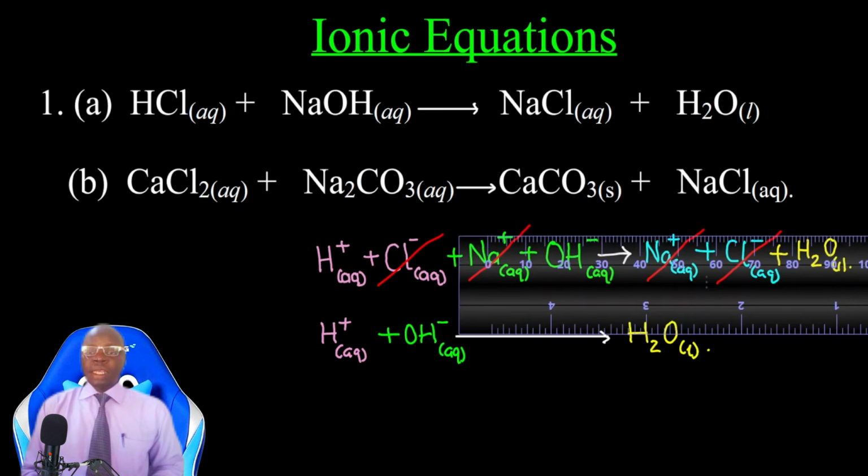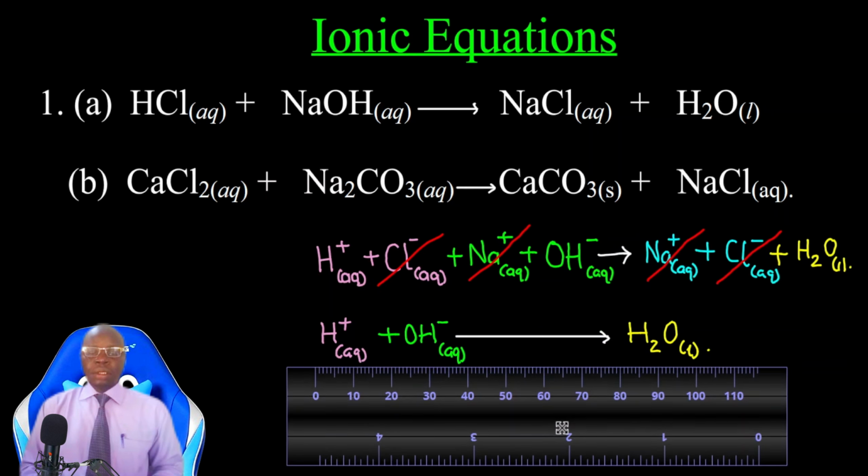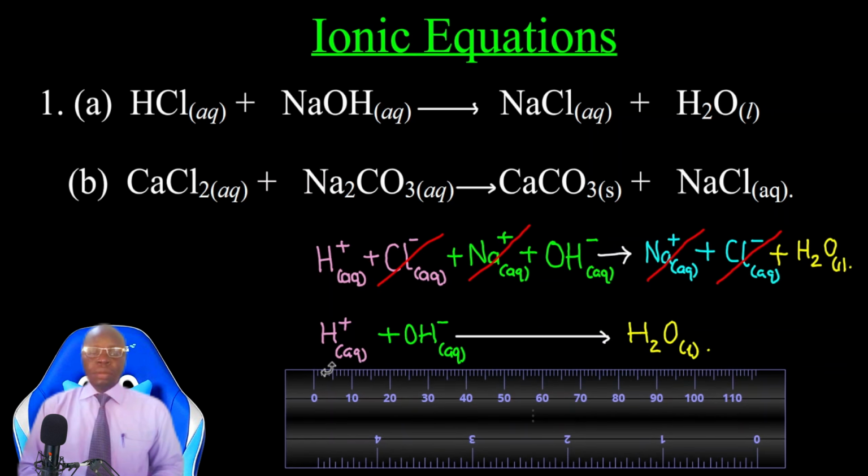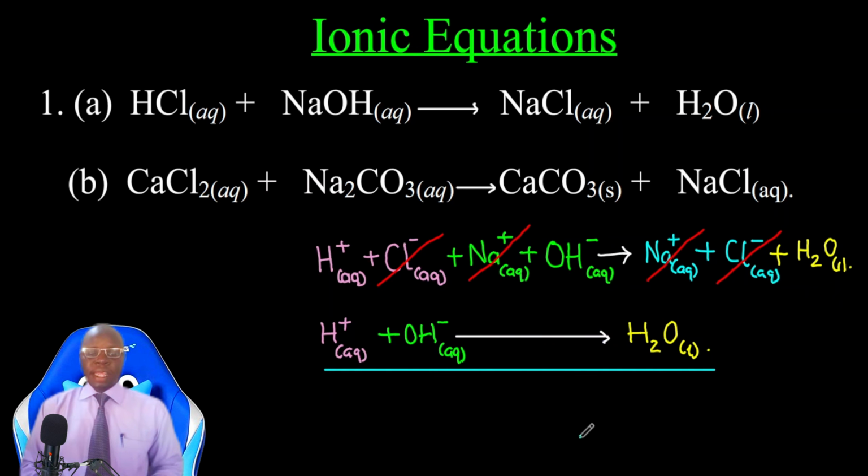And you can see here that this equation makes sense in that the number of elements from the left hand side are only two, that is hydrogen and oxygen. And also the number of elements from the product side are two, that is hydrogen and oxygen.